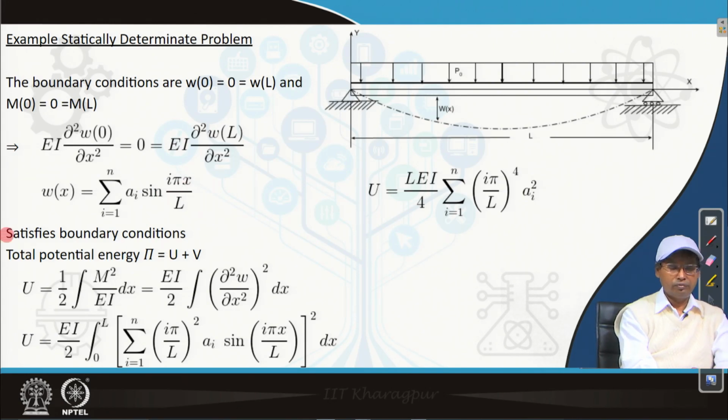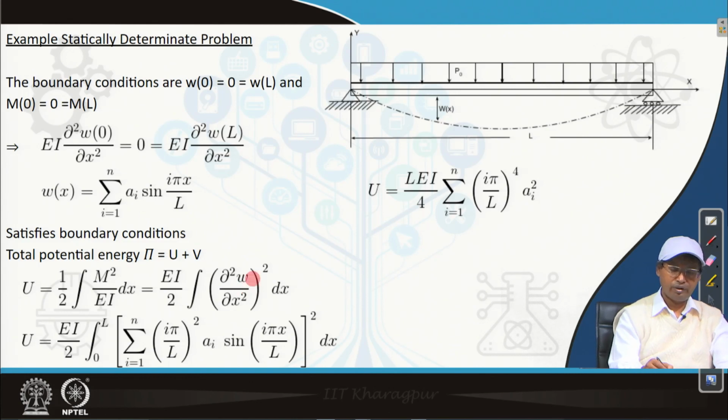So, the sine function matches quite well. Let us see how good our approximation is to the exact solution. It satisfies the boundary conditions. The total potential energy pi is equal to U plus V, and U is what we have already seen.